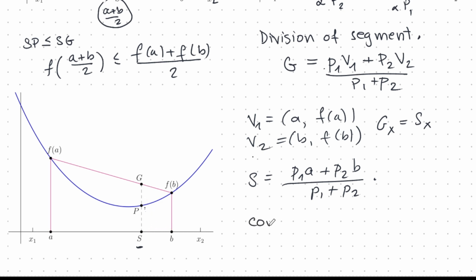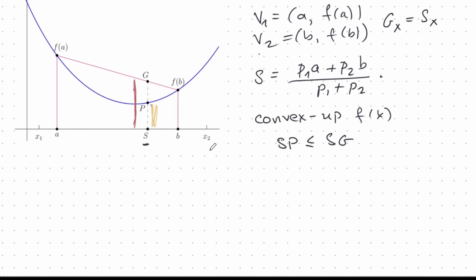So the convex up function f of x will have this property that this length here is always less than this length here. Okay, so let's try to write that down. SP is less than or equal to SG, like so. And so what is SP? Well, this is the x component of S. Well, we just apply the function.